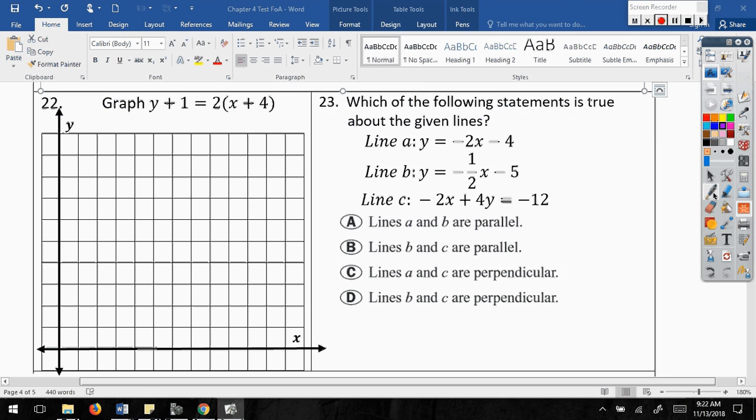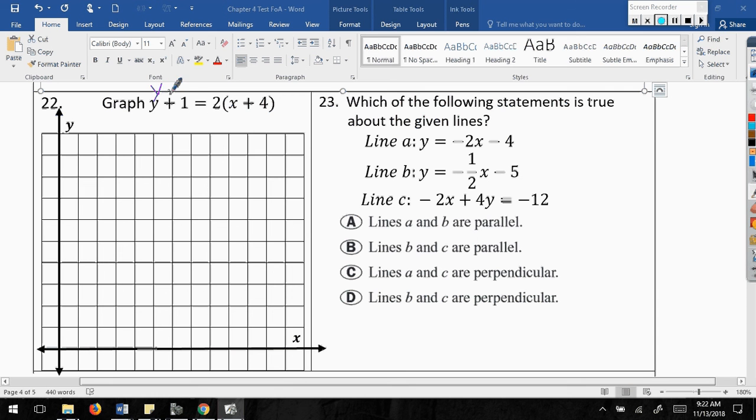Looking at number 22, it's asking me to graph a line that is actually in point slope form. Okay, because I recognize this being point slope form, which is y minus y1 equals slope times x minus x1, there are a couple different things I can do. I can pull the points out the way I know they are here.